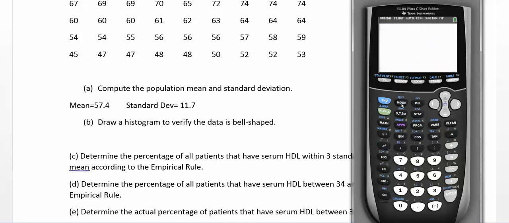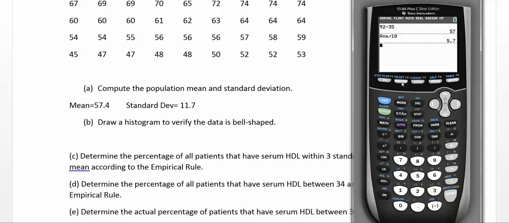If I go 92 minus 35, I have a range of 57. So if I want to see about 10 rectangles, which is typically what we'd like to see, again, not set in stone, the interval width should be about 5.7.